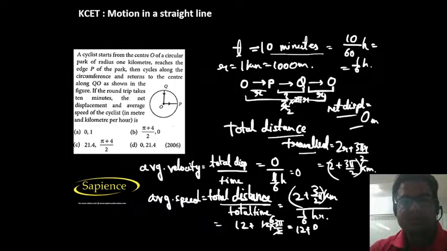So 12 plus 18 pi. Okay, 10 minutes. The radius is 1 kilometer.